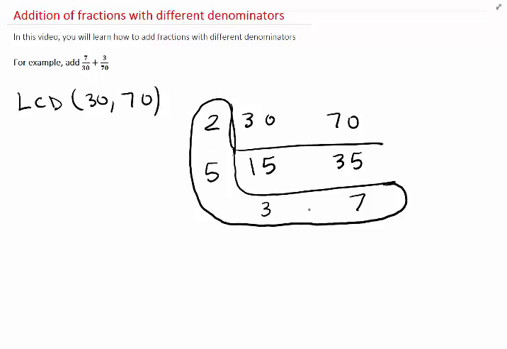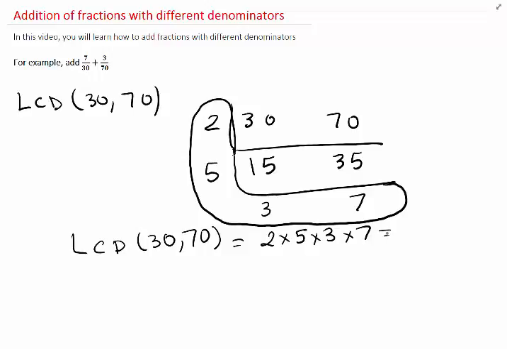So you just multiply the numbers to derive your least common denominator. So the LCD of 30 and 70 equals 2 times 5 times 3 times 7, which is 2 times 5, 10, times 3, 30, times 7 is 210.